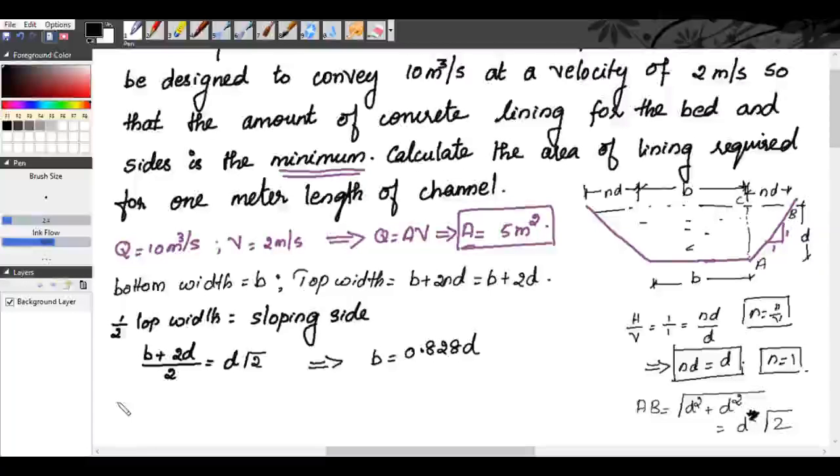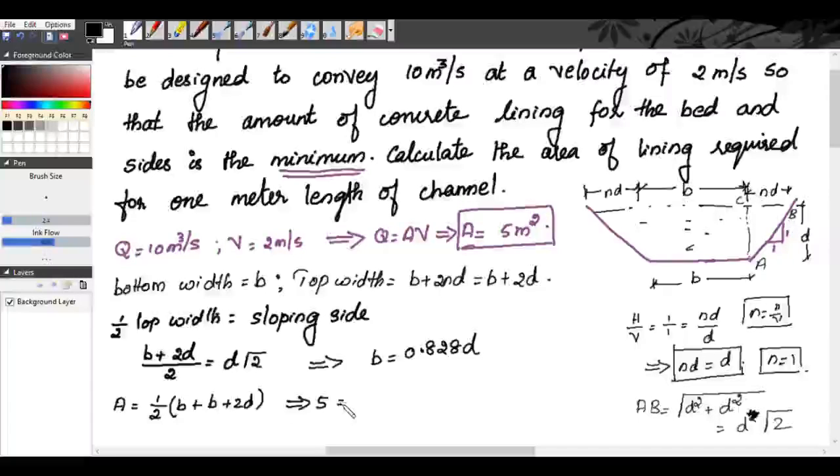Now we can substitute in the area equation. So area is half into summation of the top and bottom width, that is B plus top width, which is B plus 2D. So substitute B is equal to 0.828D in the area. We already know area is equal to 5 meter square.